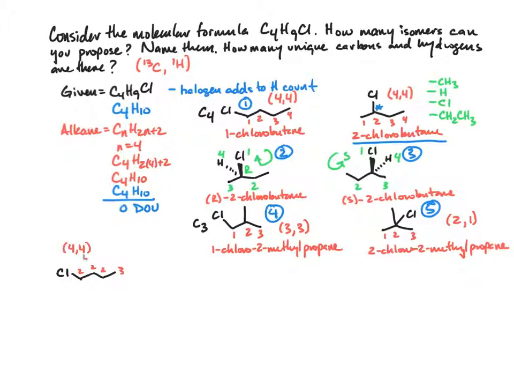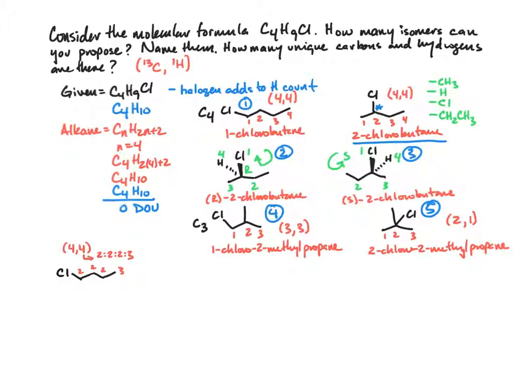So we're going to get a ratio of 2 to 2 to 2 to 3. Then for both the R and the S 2-chlorobutanes, they will have identical NMR spectra. Again, the only way you can differentiate them is through optical rotation using plane polarized light.